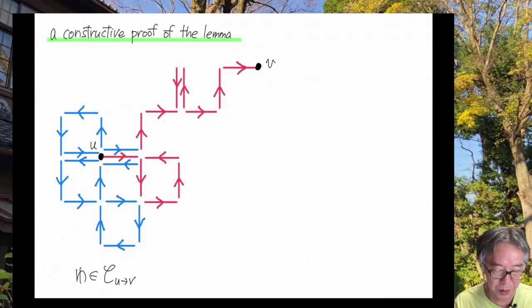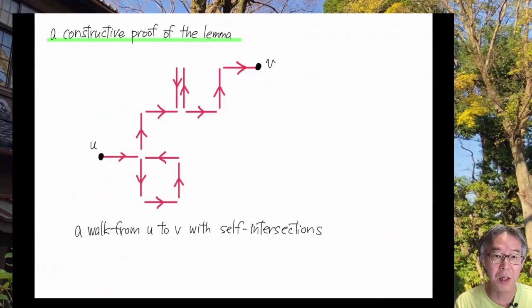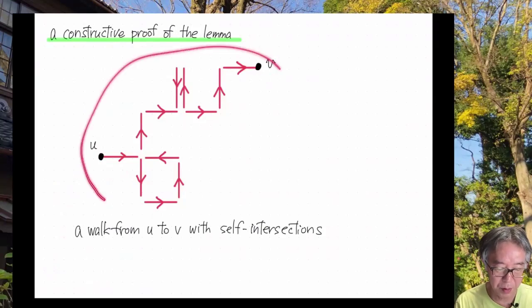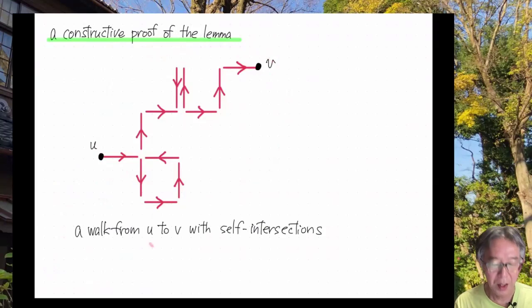This has been proved. Now you just forget about all these blue things, and you get this red walk from U to V. But this is not yet self-avoiding. It intersects with itself. This is not a big problem, because you can always look at these self-intersections and delete them.